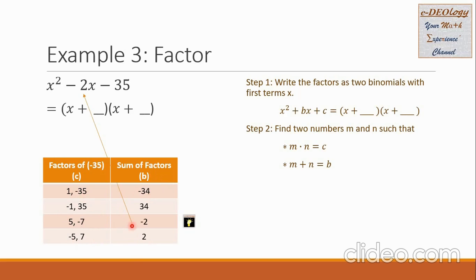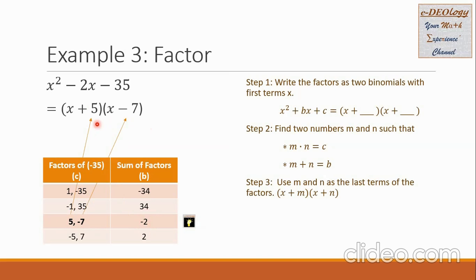But we're looking for a sum that is equal to b, and here it is, the negative 2. It means we go to step 3 to use the m and n, this pair of factors, to be placed on the blanks. So here it is now, we have x plus 5 times x minus 7.